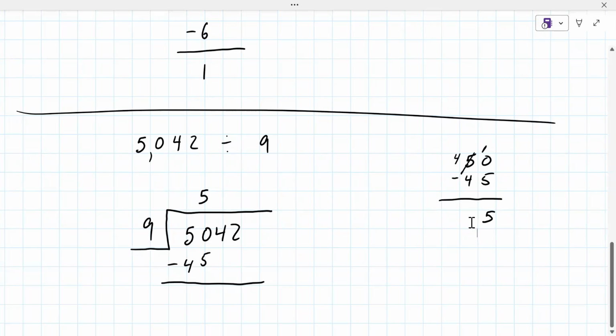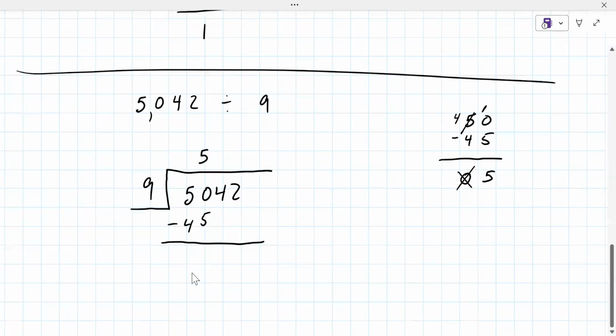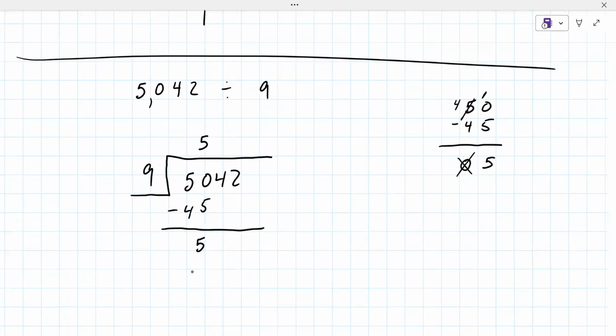So do you write the 0? You can, and if you don't want, you don't have to. It's a number that is the result, but the question is should we write it? Eventually you will not write it. So 50 minus 45 is 5.